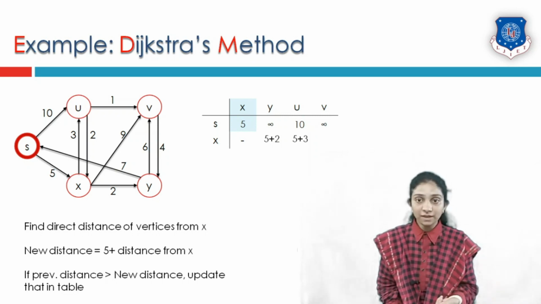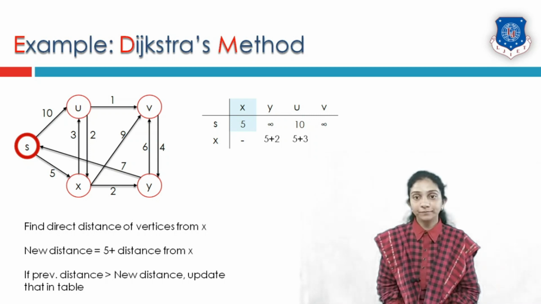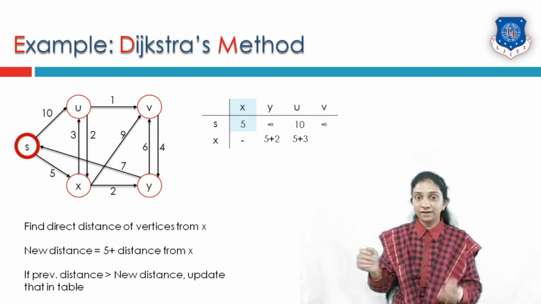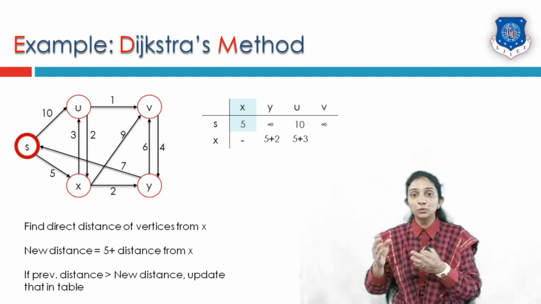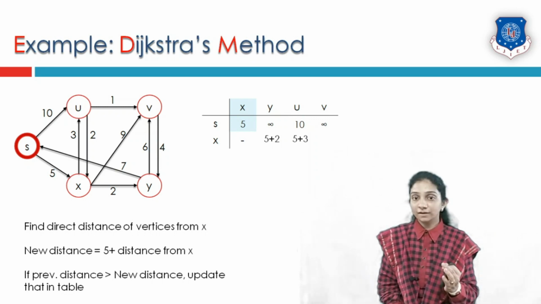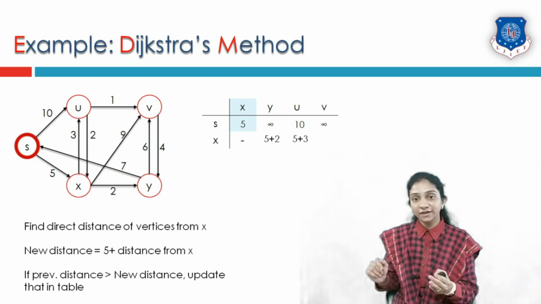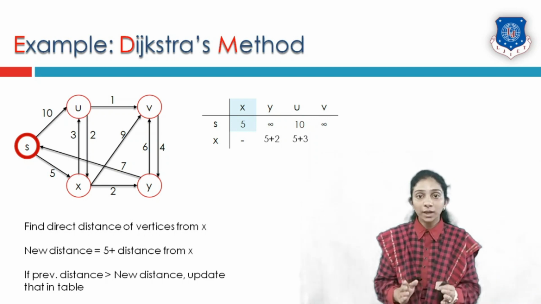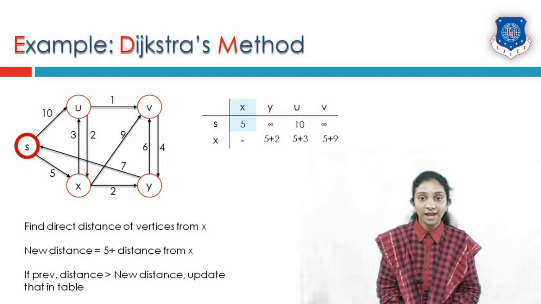Whatever is the minimum will be made as the entry in the table. Now for cell X comma V, that is vertex X to vertex V, the edge has weight 9. So the new weight will become 5 plus 9.